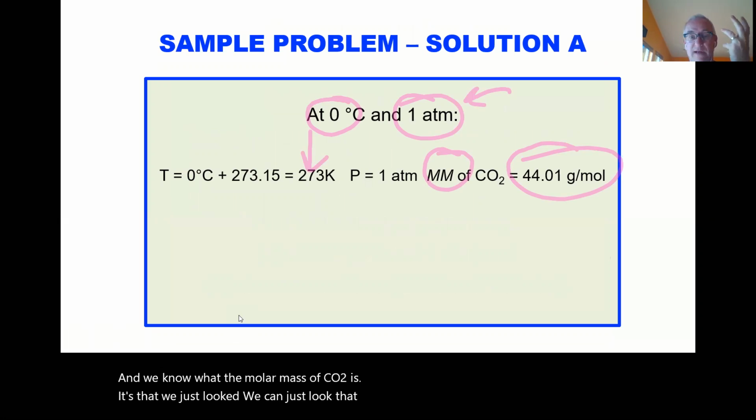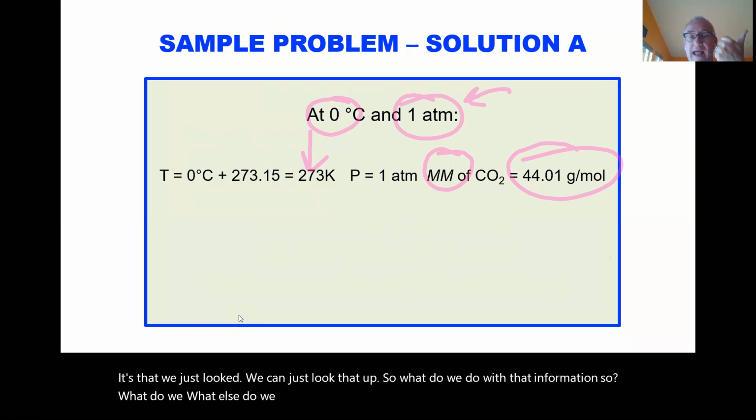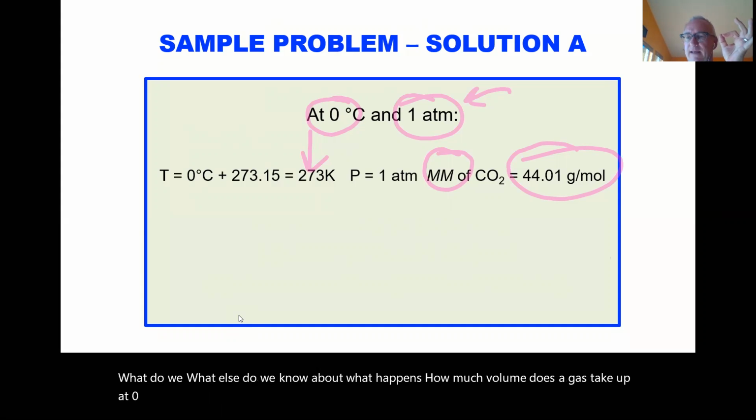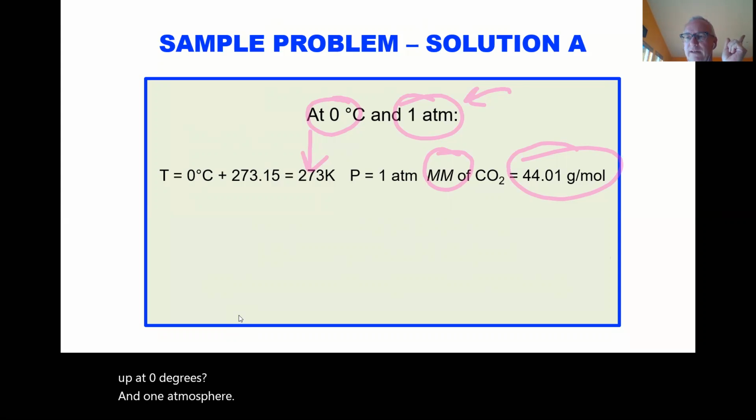So what do we do with that information? What else do we know about how much volume a gas takes up at 0 degrees C and 1 atmosphere? We learned it a little while ago.